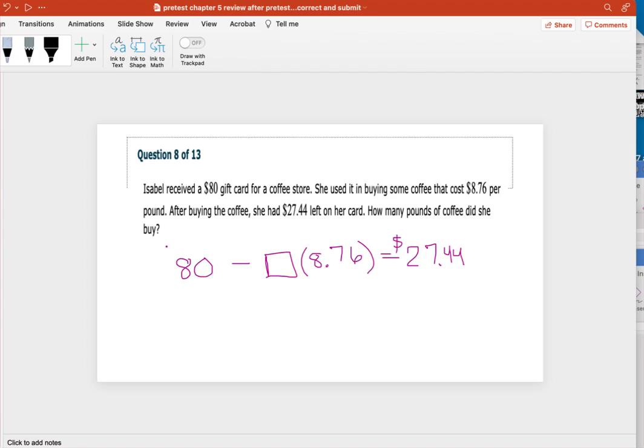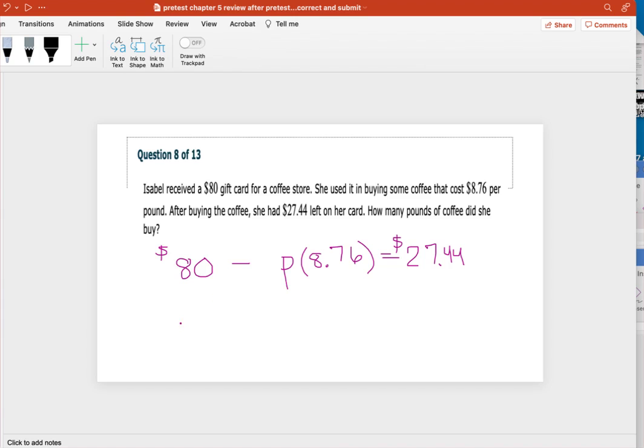Okay, so now let's put a variable in where we have our box. So we're going to erase the box, and let's just say we're going to call this pounds of coffee. Okay, so we'll just say P, P for pounds.